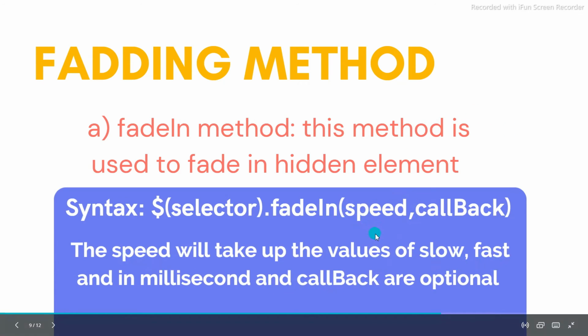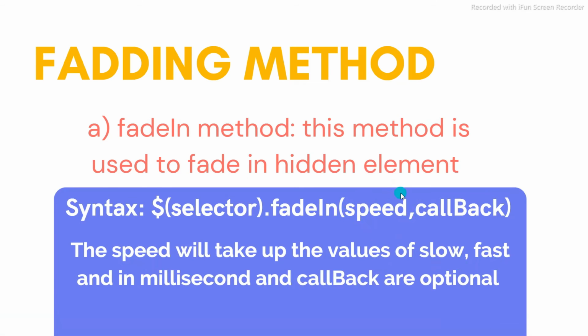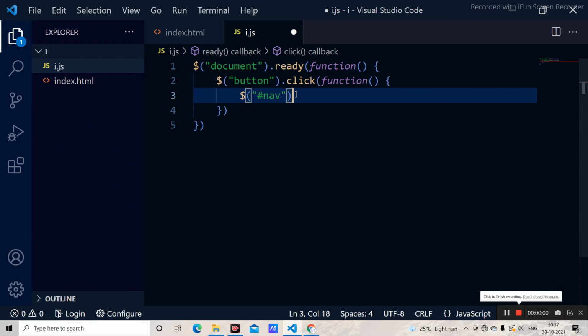If you don't want to use milliseconds, you can directly use slow or fast here. And we have the callbacks. You can alert if the element is faded. And in the fading, it is going to show you any hidden element slowly. And this is all about the fading method.